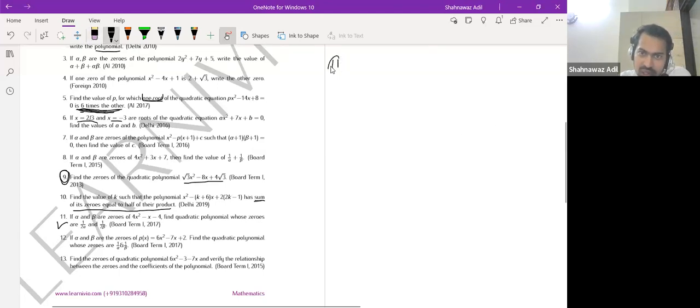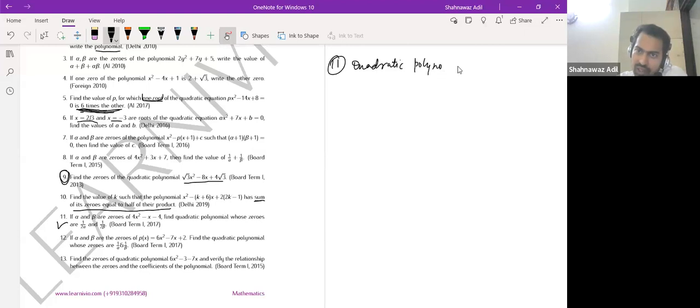Okay. So in the 11th question, find a quadratic polynomial whose zeros are this one and this one. So we have to write the quadratic polynomial, right, Amira? Yes.